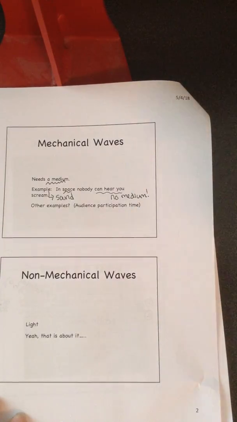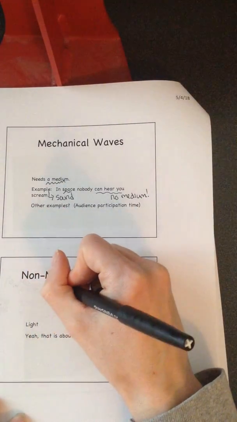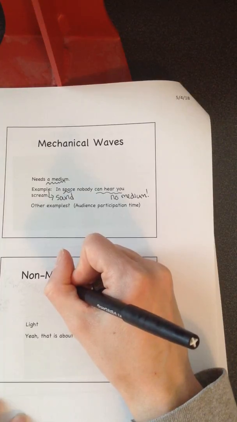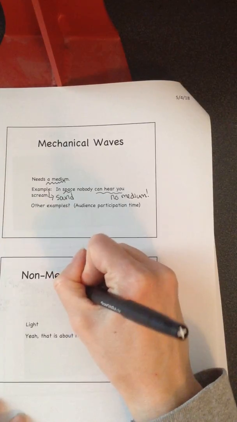The other category of waves are your non-mechanical waves, as I talked about on the previous slide. I said on the previous slide that those are called EM waves, but I'm going to actually write out the whole word here.